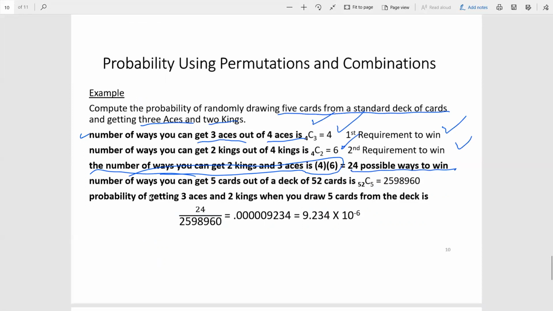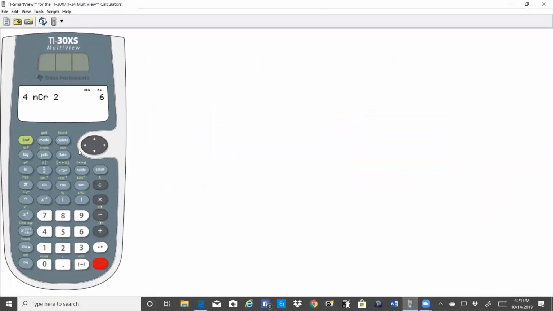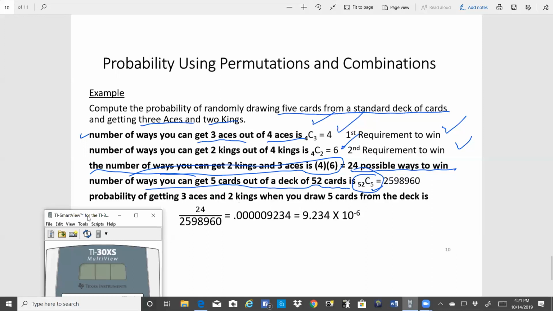Now let's look at the total number of ways you can get 5 cards out of a deck of 52. That would be a combination of 52 things taken 5 at a time. And we will do that one. Let me get this up here.